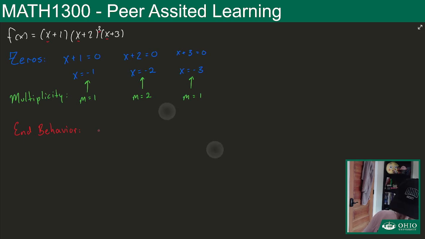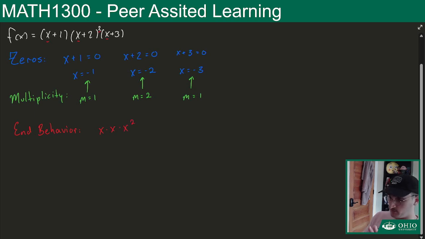And if I have x times x times x squared occurring at some point, that largest possible x value will be an x to the 4th term. I can also see that I don't have any random negative coefficients lying around that would turn this into a negative x to the 4th. None of those exist. And so when I expand this polynomial out, the largest term that I could get is an x to the 4th term.